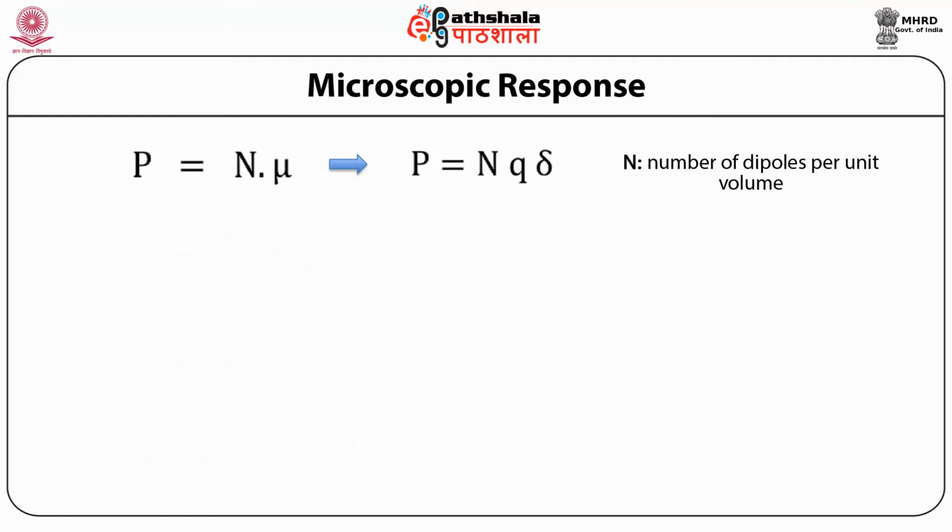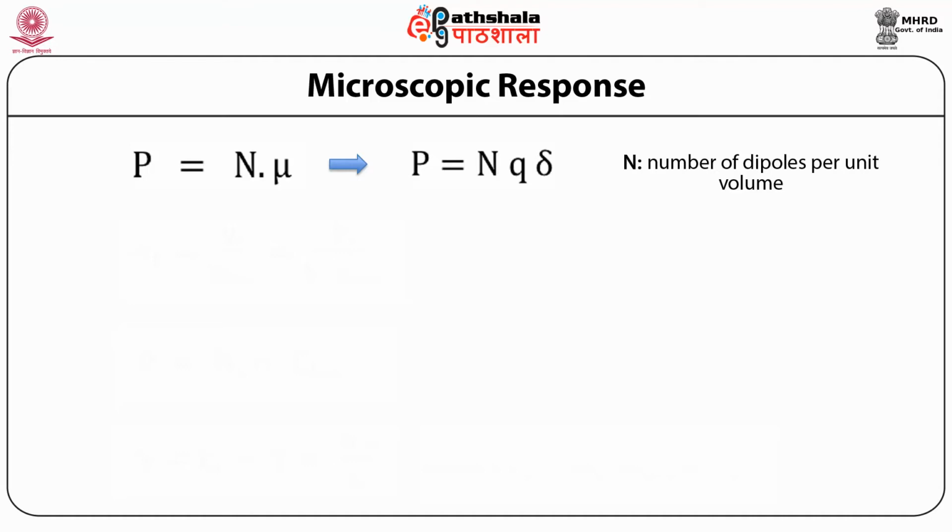This gives the susceptibility chi, equal to epsilon r minus 1, equal to P upon epsilon naught E, which in turn is equal to NQ delta divided by epsilon naught E. Hence, the greater the value of delta, the greater the chi, and hence the larger the epsilon. That is, the more polarizable a medium is, the higher its dielectric constant.